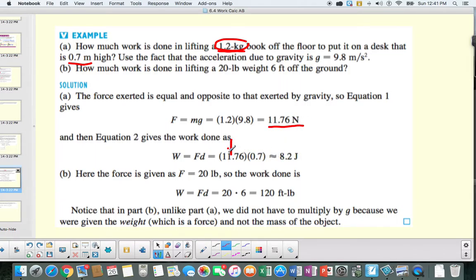We take our force and multiply it by the distance, and we get our work in joules. Now, suppose part B says the weight is in pounds. This is a different unit, and pounds is already a force, so you can put it right in for F. The distance is in feet, and we get 120 foot-pounds.